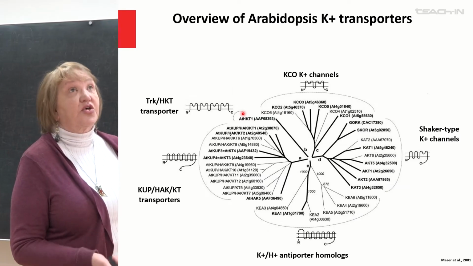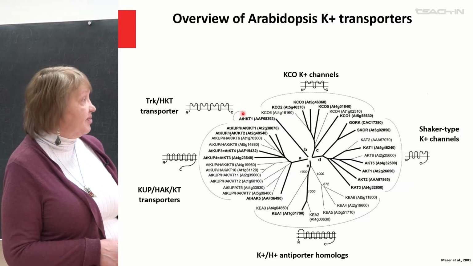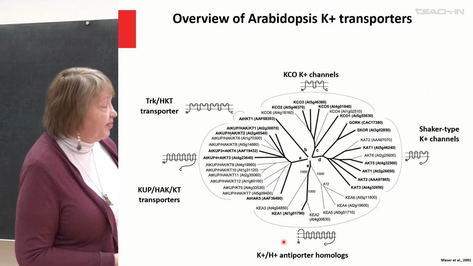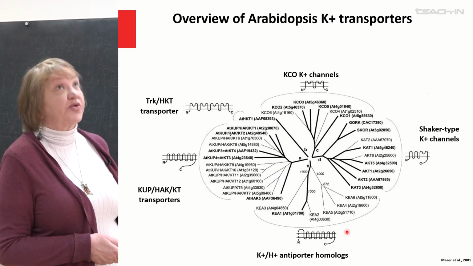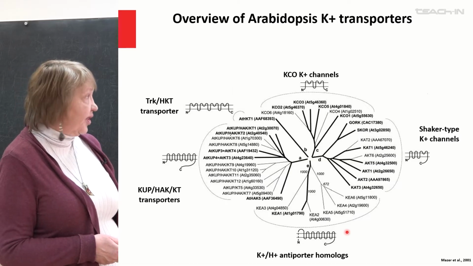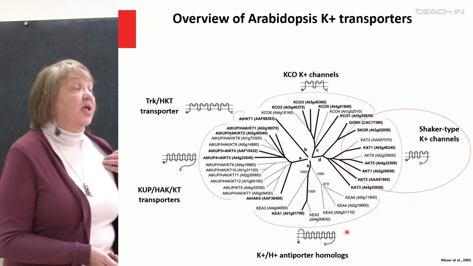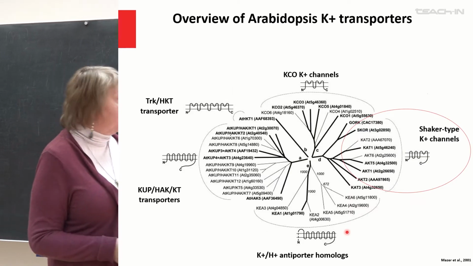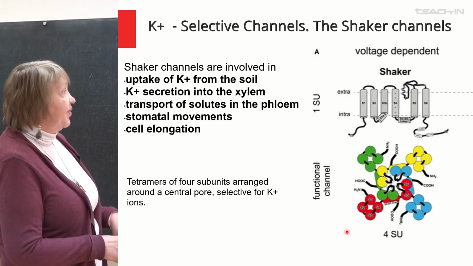In salt resistant plants, salt tolerant plants, there are many more. HAC transporters and potassium proton transporter, antiporter homologs. So first we are going to talk about potassium shaker type channels.